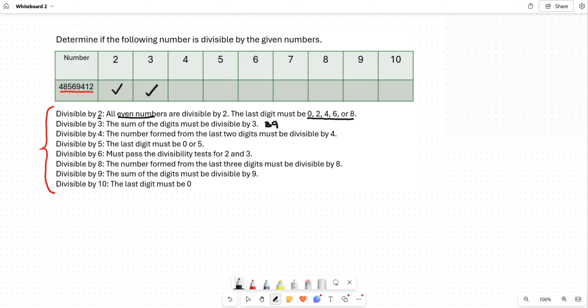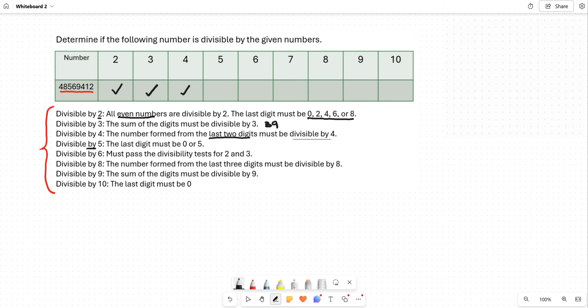Now, if we look at 4, we can see that the number formed by the last 2 digits must be divisible by 4. Okay? So, if we look at that in particular, what are the last 2 digits? They're 1 and 2. That makes 12, and 12 is divisible by 4, so the whole thing is also divisible by 4.